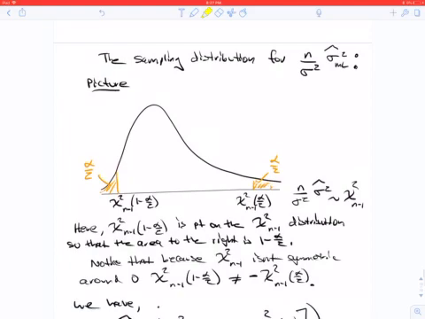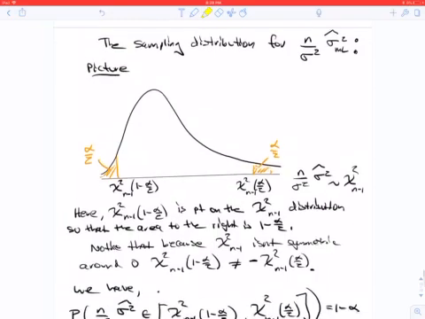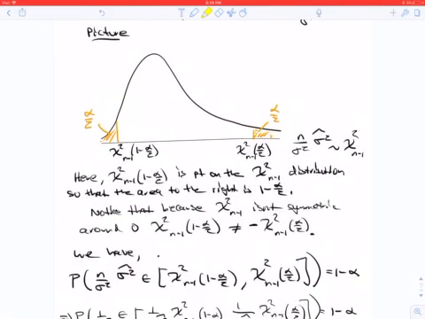So this key fact we're going to use now. The sampling distribution for this is shown here, and I've denoted the 1 minus alpha, and the alpha over 2 and the 1 minus alpha over 2 quantiles for this distribution.